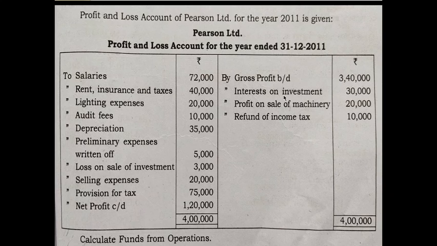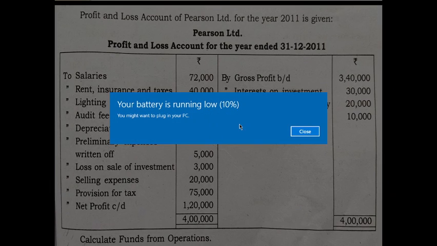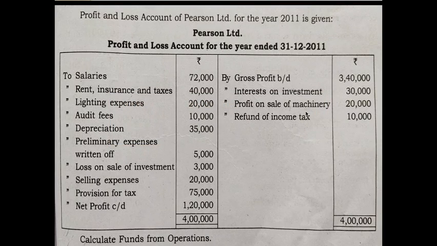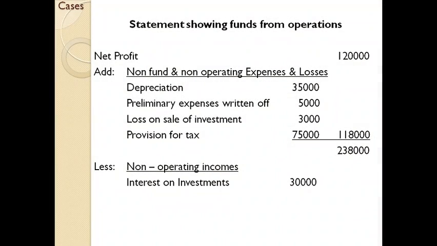Interest on investment is a non-operating income because investment is an extra activity rather than the activities carried out within the business. For example, this Pearson Limited may be dealing with some sort of business, and the same concern has invested in some other businesses. So income from those investments is not related to the pertaining business. So interest on investment is a non-operating income.